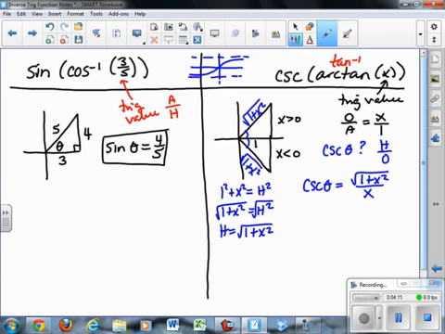So any trig value is valid to put in there. However, when I look at the equivalent in algebraic form, I do notice a value of x that I can't use. x can't equal 0 because it would make the denominator equal to 0. So the domain of this is all real numbers except x cannot equal 0. So there's a couple of tricky problems for you.